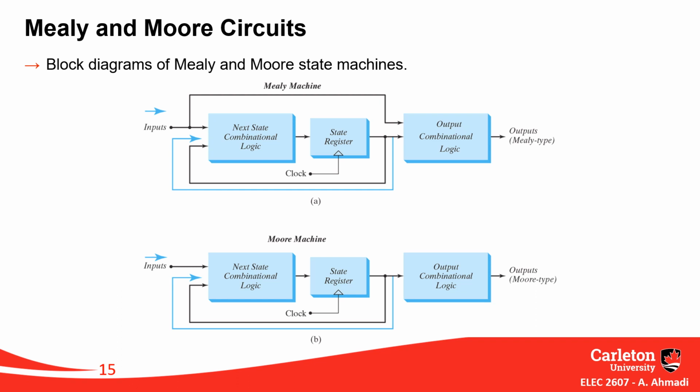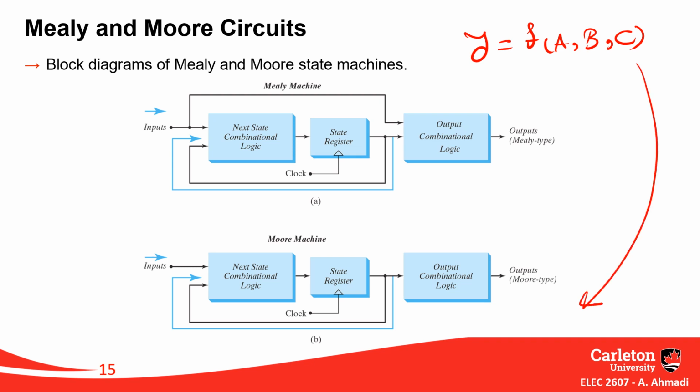So going back to our design, if you look at your Y output, if your Y output is only and only function of A, B, and C, then your circuit is Moore. It's this one. But if your output is a function of A, B, C, and X, that's a Mealy machine.